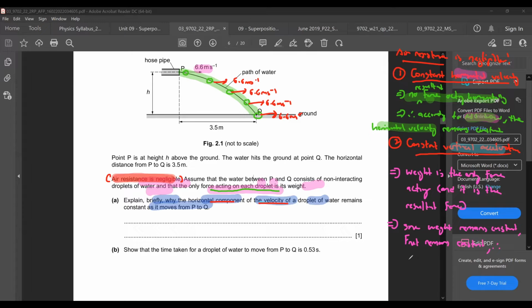Therefore, acceleration remains constant. So throughout this motion, when your object is falling, you have weight W.